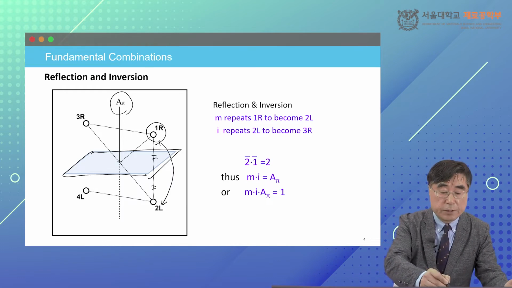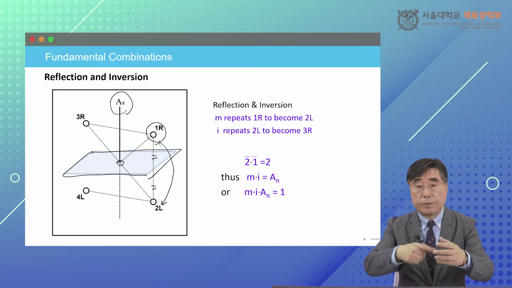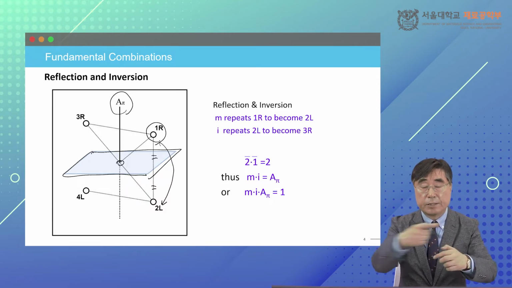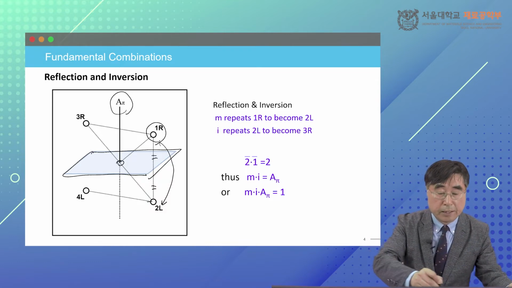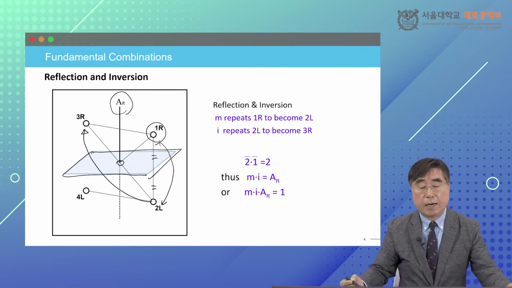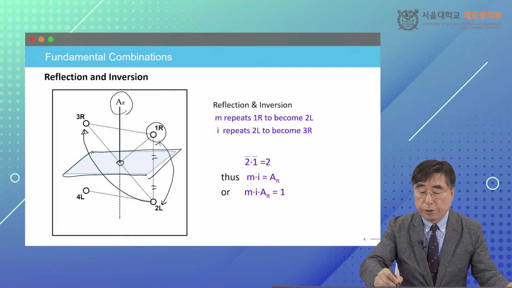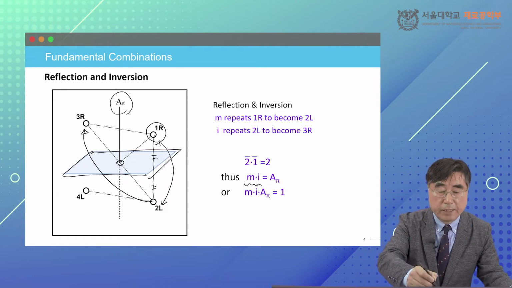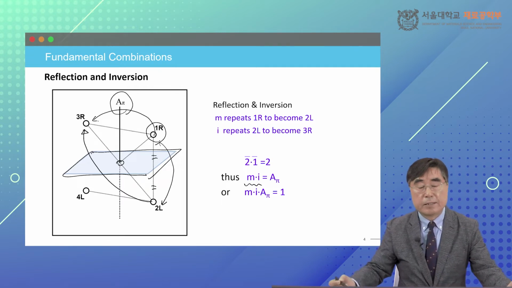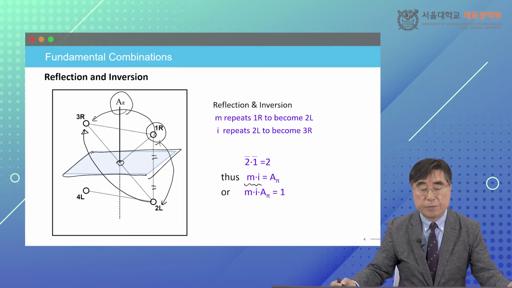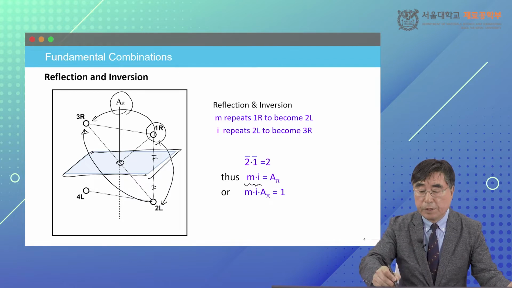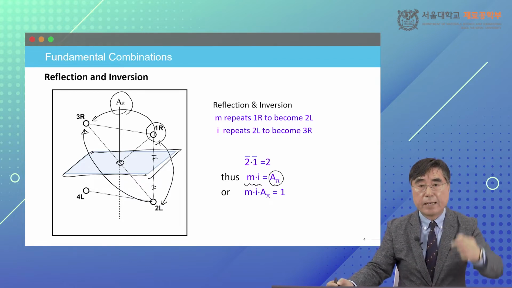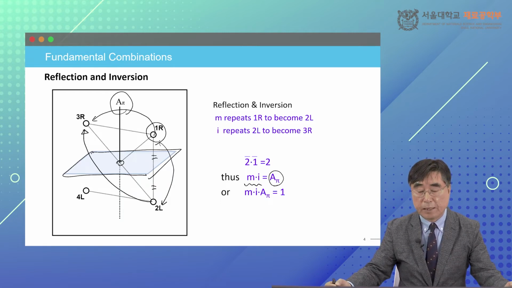And if there is an inversion center at this position where this line intersects with this mirror plane, then 2L becomes 3R. So the successive operation of the mirror plane and the inversion center means that this line has pi rotational symmetry. Okay? So mirror plane and inversion center is the same as that line having twofold symmetry elements.